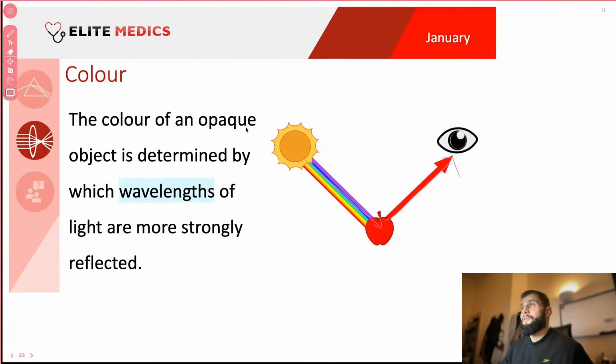So the color of an opaque object is determined by which wavelengths of light are more strongly reflected. So in this case, the apple is really red. It's going to absorb most of the colors, and the red light is being reflected back. Is the red light reflected? Yes, exactly. So in this case, that red apple is going to reflect that red light back, and that's how we perceive that color.